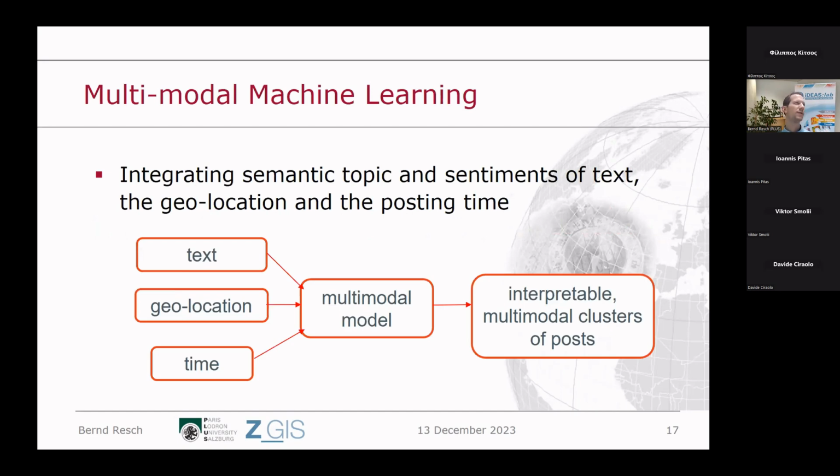So far, we mostly perform sequential analysis: first data crawling, then pre-processing, then semantic analysis, then spatial analysis. Now, why don't we integrate this into a multimodal model that then produces a composite view onto the situation? So we integrate text, geolocation, time. From the text, we use semantics, we use sentiments, and others. And then we go to interpretable multimodal classes of posts.